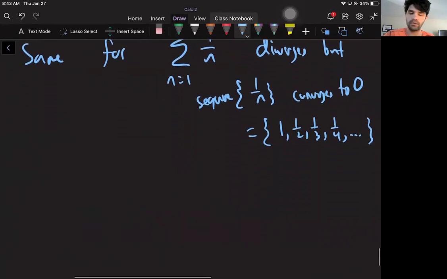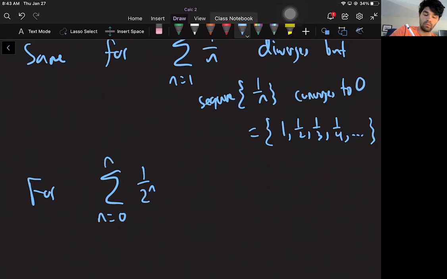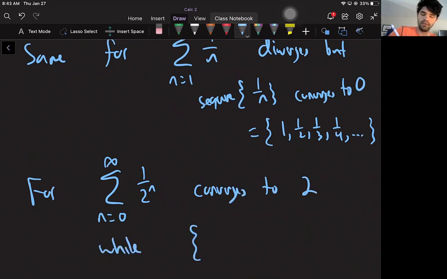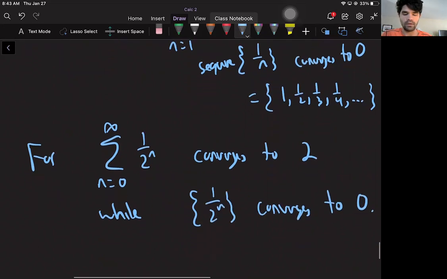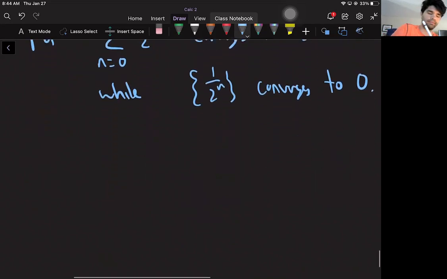It just grows and grows and grows. But for this guy, they both converged. This one converges to 2, while the sequence converges to 0. Okay, so that was the first example we did. So lots of different types of things can happen, so you got to be aware. Okay, let's do another example here.